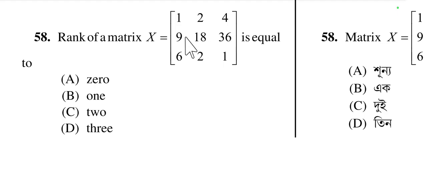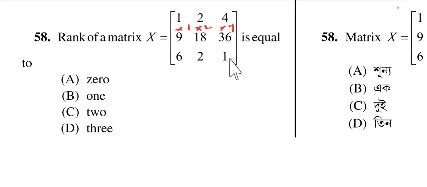So 9 into 1, 9 into 2 and 9 into 4 is equal to 9, 18 and 36. So the second row is linearly dependent on the first row.